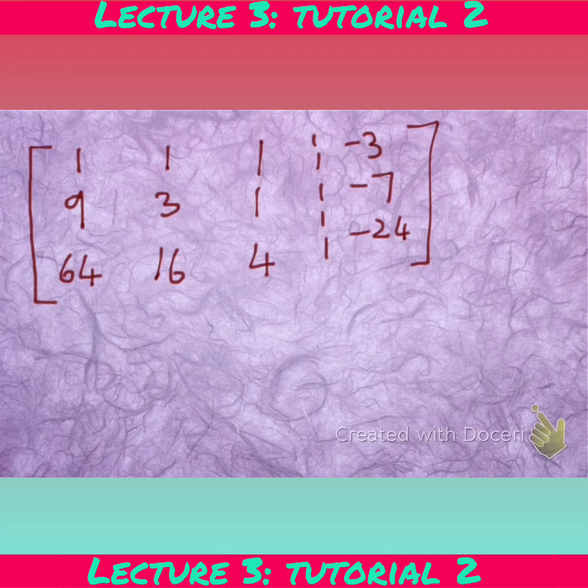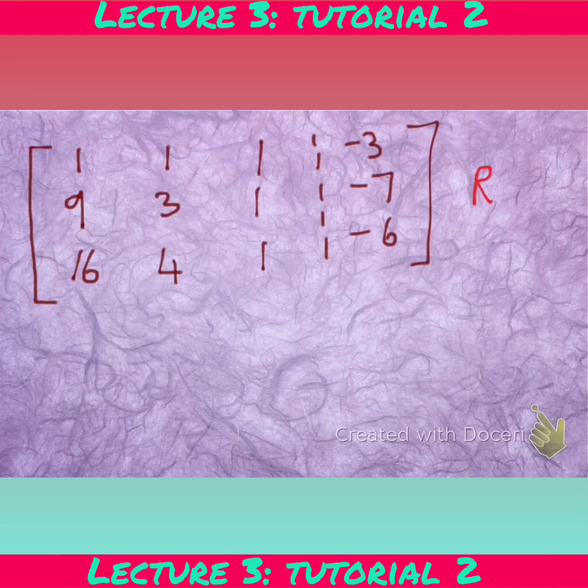Then I'm going to make the last row easier to work with as well. I'm going to divide straight through by 4, so I'm going to multiply with 1 over 4. The first entry is going to be 16, the second entry is going to be 4, the third entry is going to be 1, and the last entry is going to be minus 6.